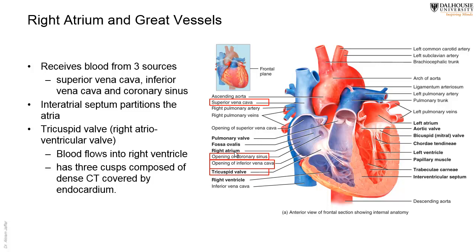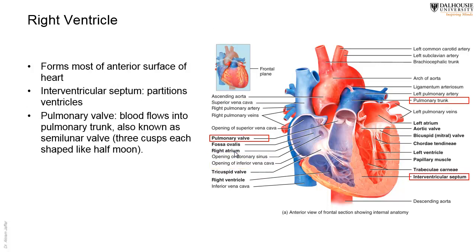So the blood will flow when the right atrium contracts. It flows from the right atrium to the right ventricle through the right atrioventricular opening that is guarded by the tricuspid valve. Once it's in the right ventricle, you can see it is separated from the left ventricle by a septum, which is called the interventricular septum, which means in between two ventricles.